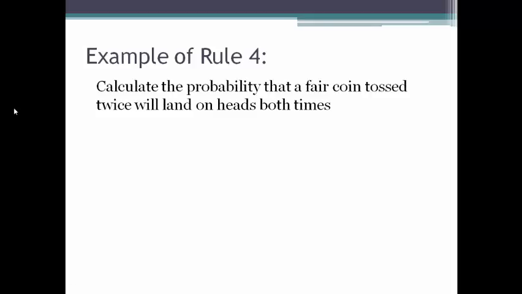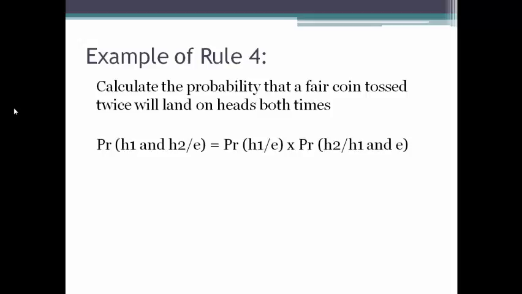Okay, so let's look at an example of the application of Rule 4. If you want to calculate the probability that a fair coin tossed twice will land on heads both times, you're going to want to use the fourth rule.